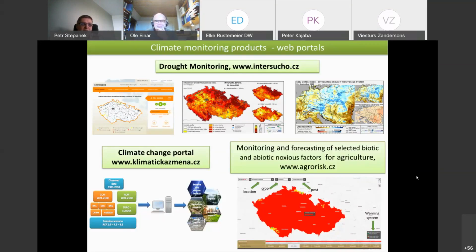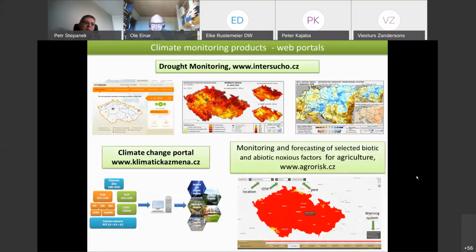So it's drought monitoring. For drought, you need to calculate evapotranspiration, and for evapotranspiration, you need to know all meteorological elements. So it is placed when it comes in hand, what we prepared, I mean, quality controlled and homogenized series.